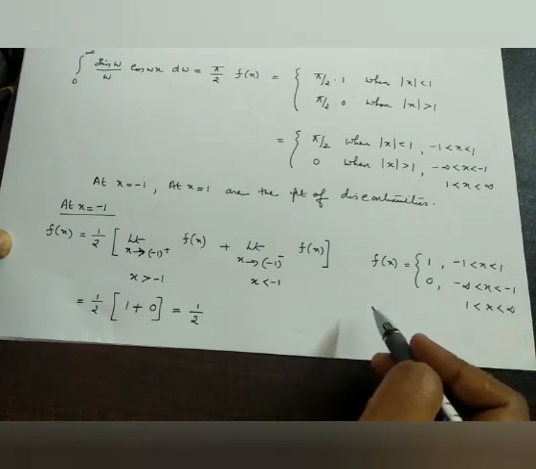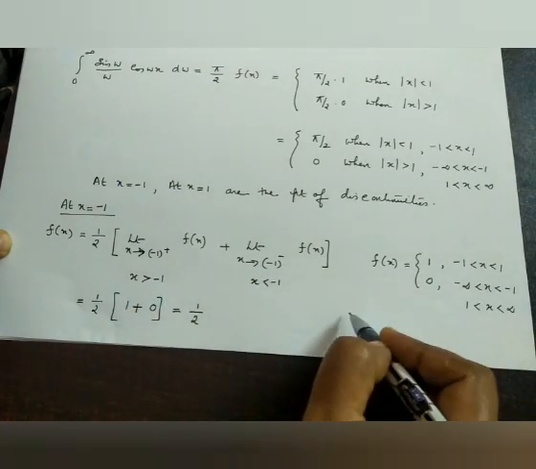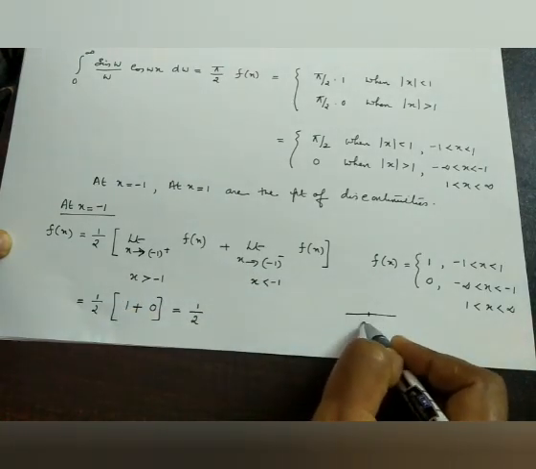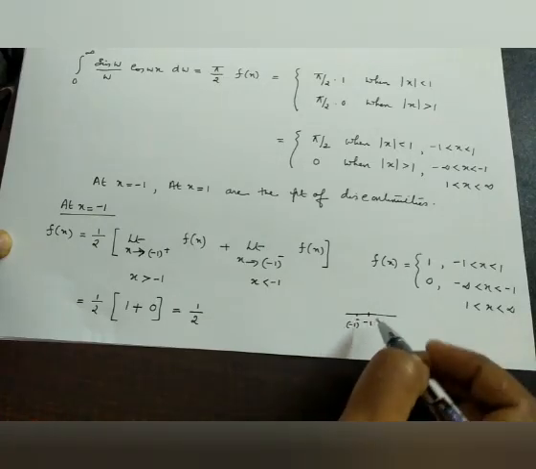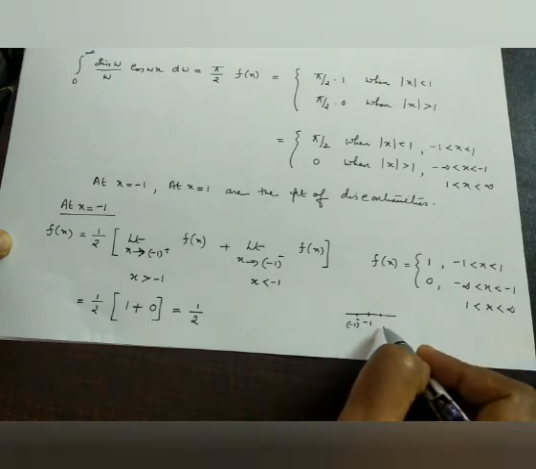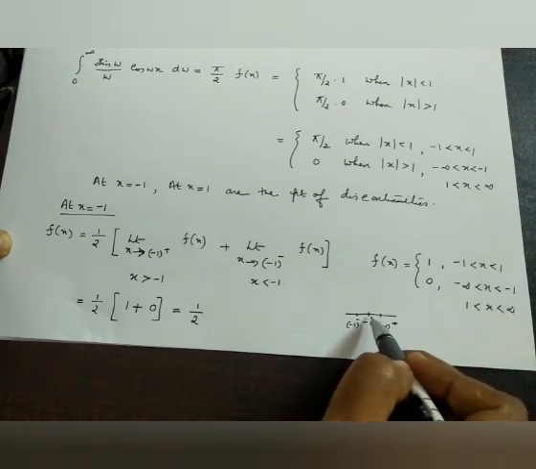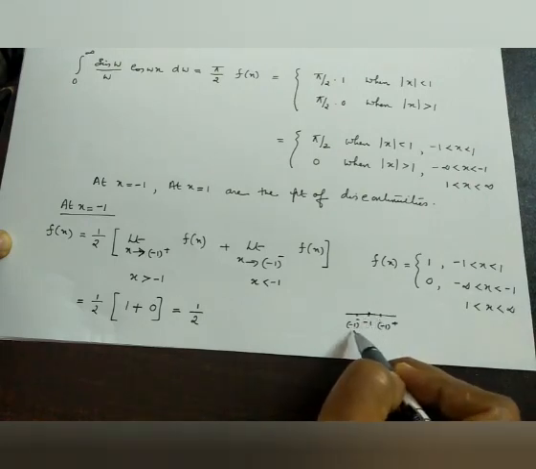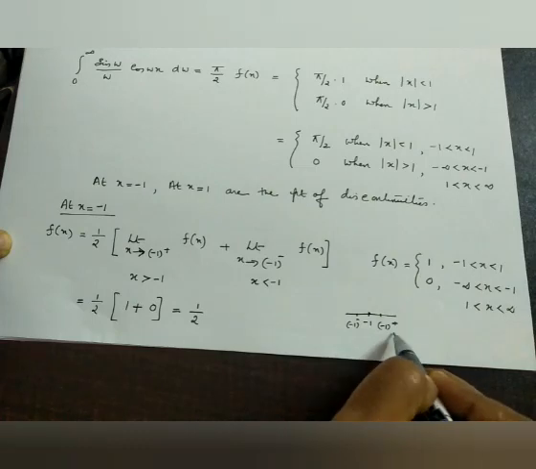I have already explained this in the previous video. If minus 1 lies here, the left hand limit is denoted as minus 1 minus, the right hand limit as minus 1 plus, and at minus 1 it is the average of the right hand and left hand limits.